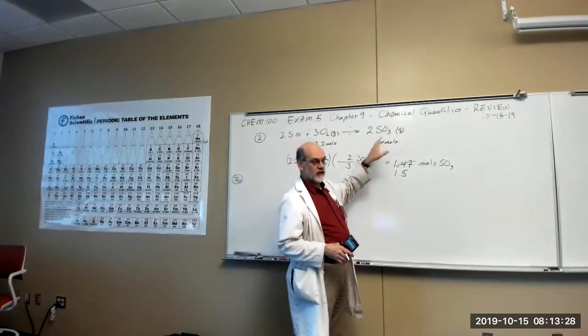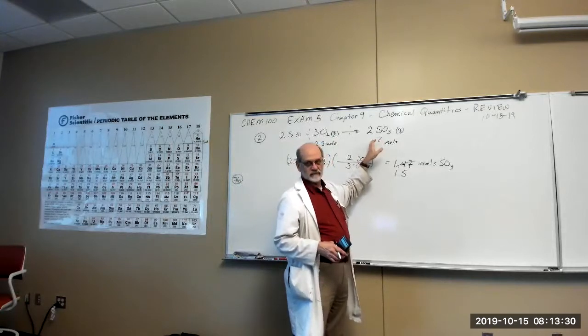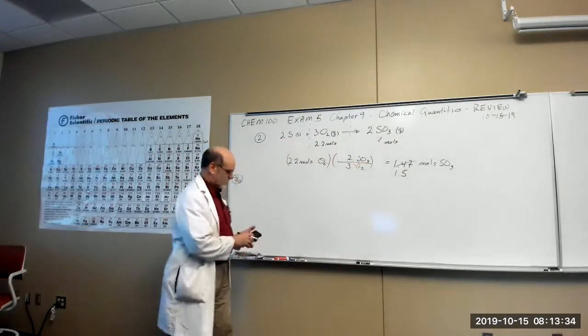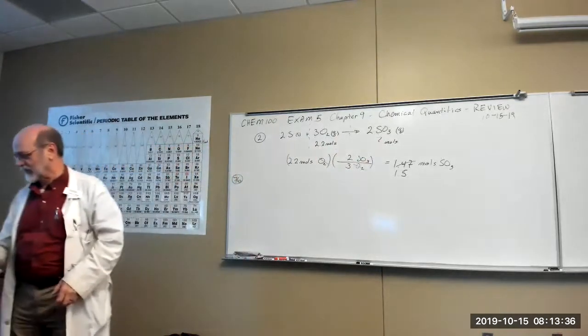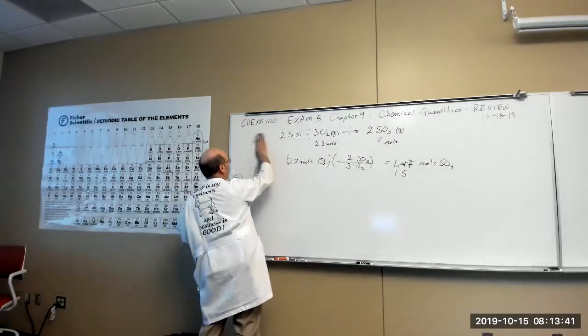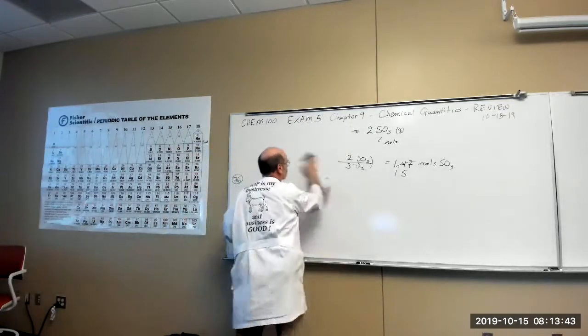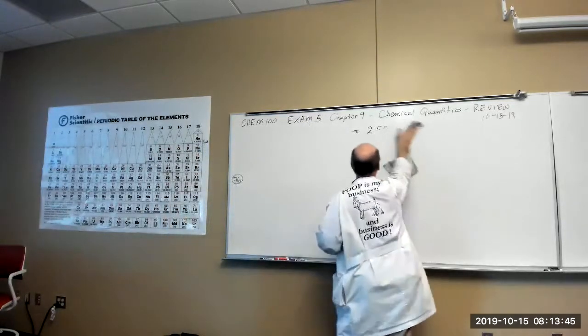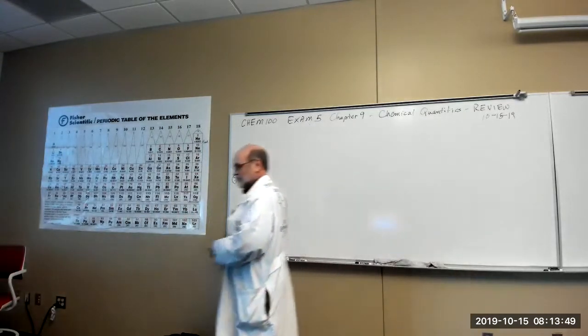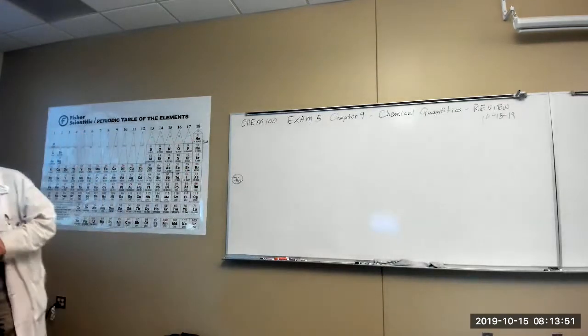If there's no number there, what's the coefficient? 1. Okay. I think we're good there. All right, that was number 2.